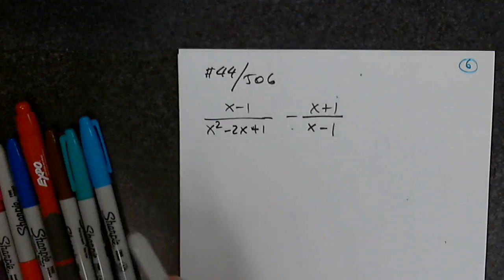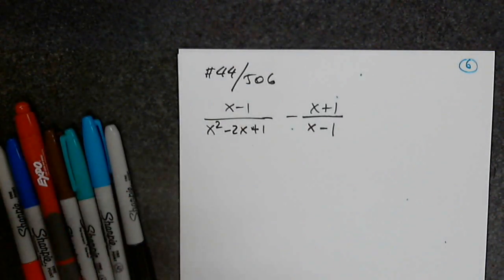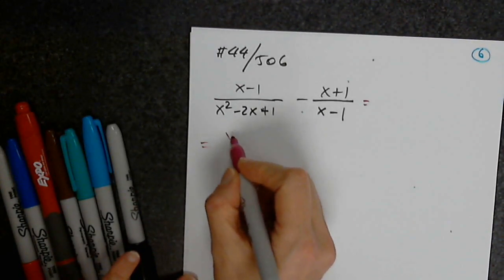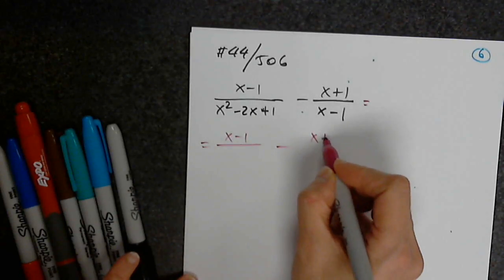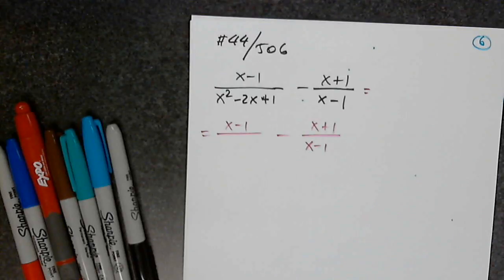Can at least anyone put us on the right path for this? What would be the first step? Exactly. I have to factor the denominator. Awesome. Yes, it's from 7.4.